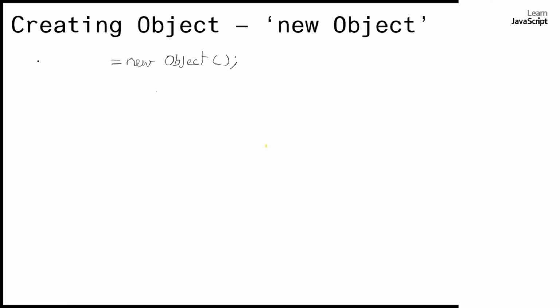Say for example, the variable is person1. So what happens, this will create an object and this object is now pointed to by person1.